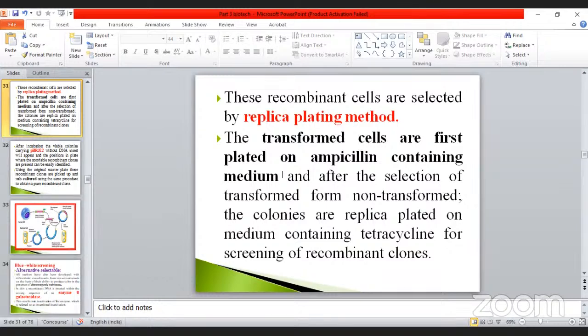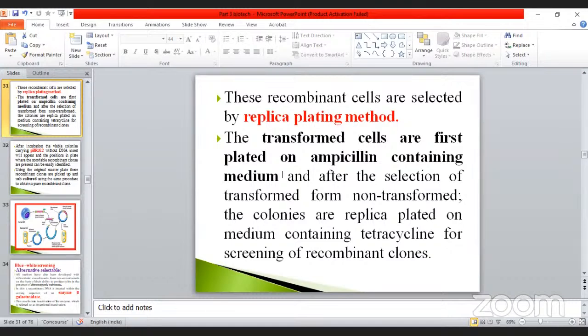So here, how will the recombinant cells be isolated? After isolation, they will grow on the medium, the ampicillin-containing medium. After selection of the transformed and non-transformed forms, the colonies are replica plated on medium containing tetracycline for screening of recombinant clones also.